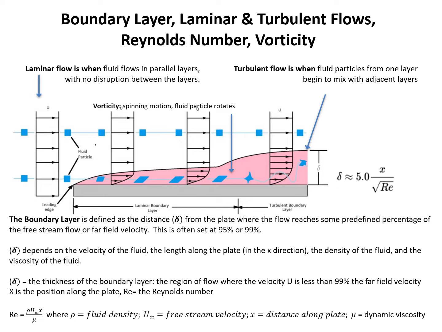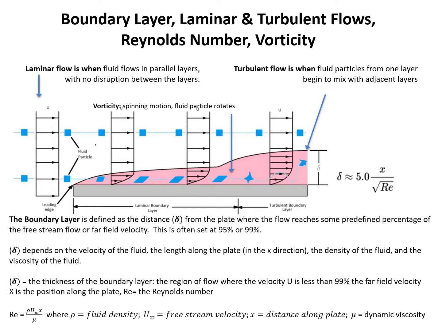And these can be related in terms of a dimensionless number, known as the Reynolds number. And that boundary layer is then approximately 5 times wherever you are along the plate, that distance x, divided by the square root of the Reynolds number.